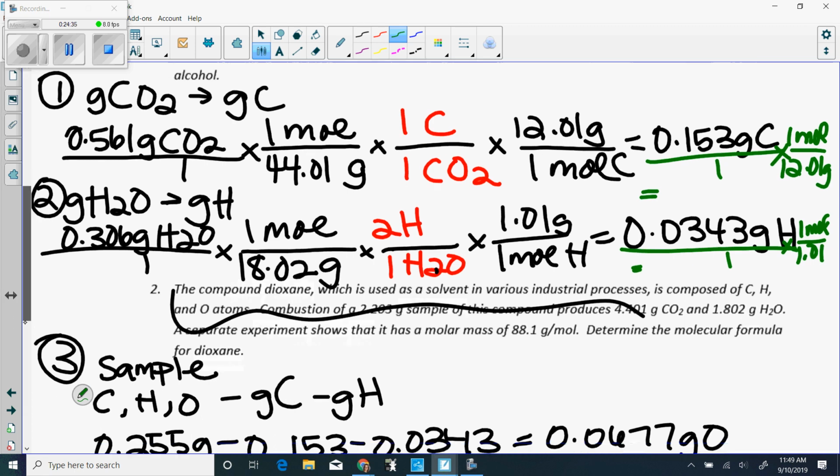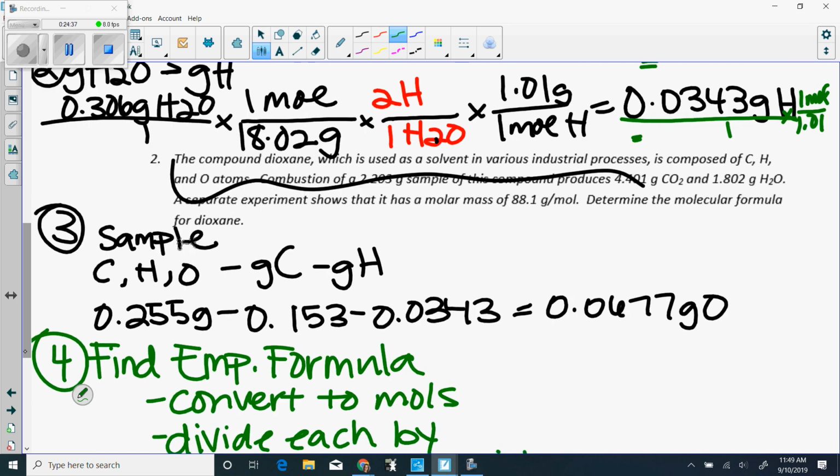And then my oxygen that I figured out down here is 16 equals. Go ahead and push your buttons. Find all 3 moles and look for which one is the smallest.